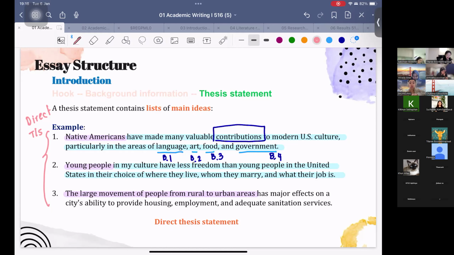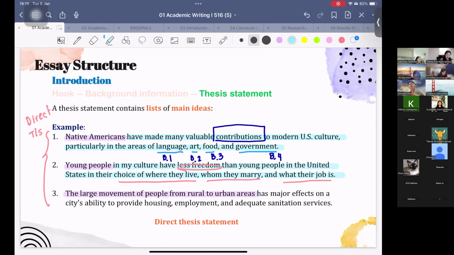And in this one, being a direct thesis statement, they say in terms of their choice of where they live, whom they marry, and what their job is. So the 3 things. So less freedom based on these 3. So you mentioned what you can explain.